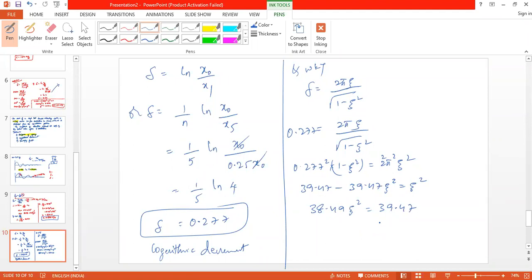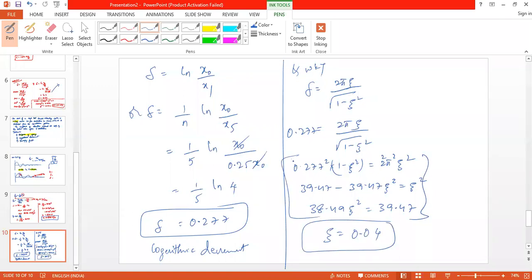So what is the value of zeta? It is 0.04.